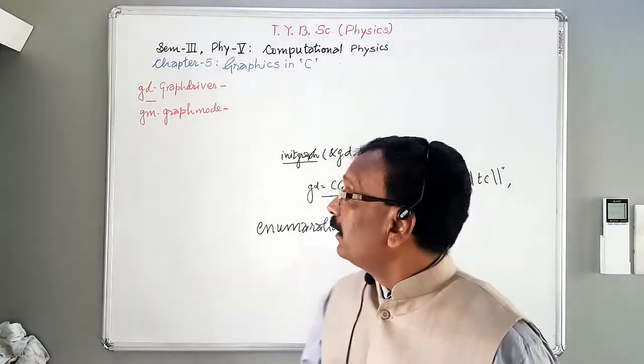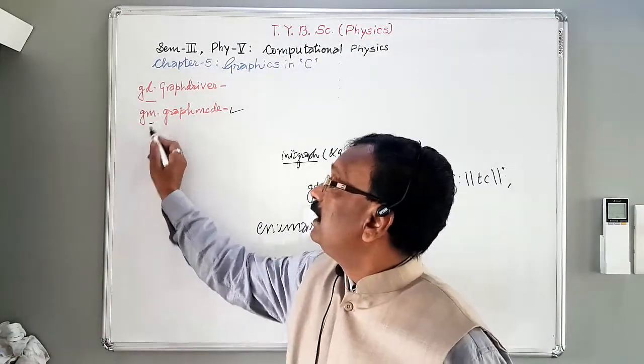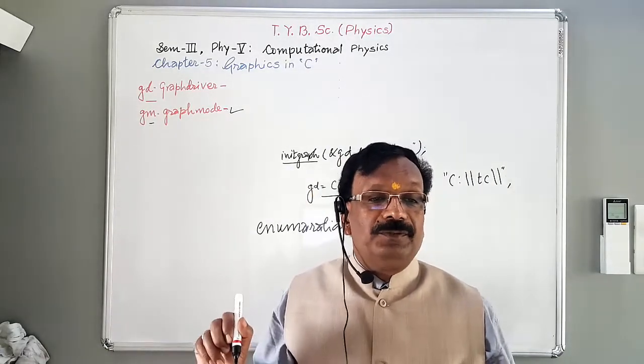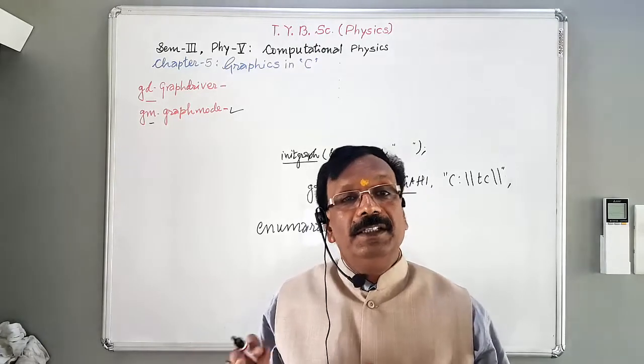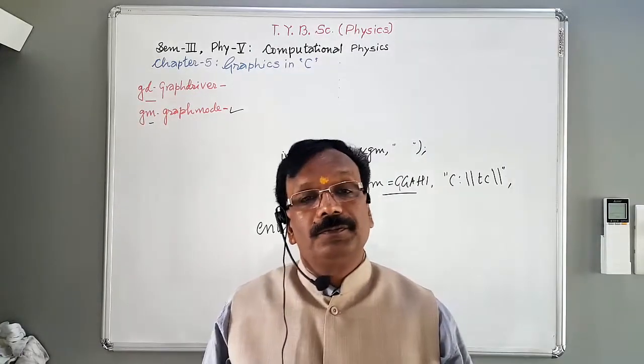Now graph mode, the abbreviation GM is used for that purpose. Here also we use an integer value that specifies the initial graphic mode.